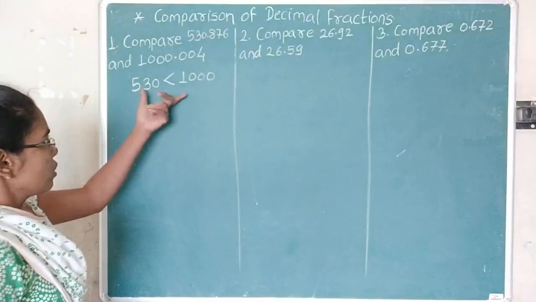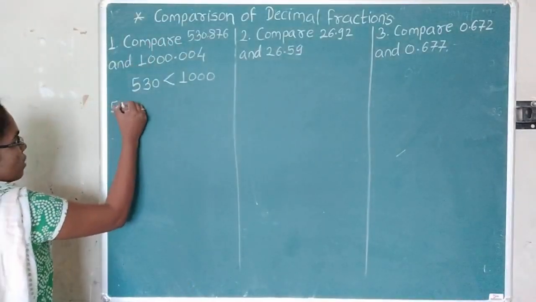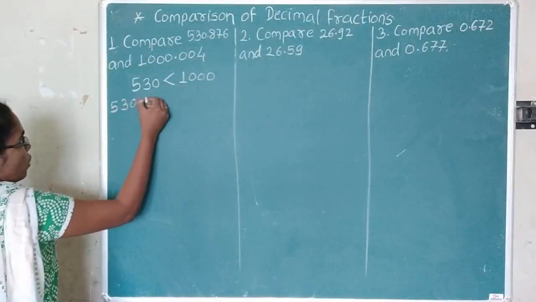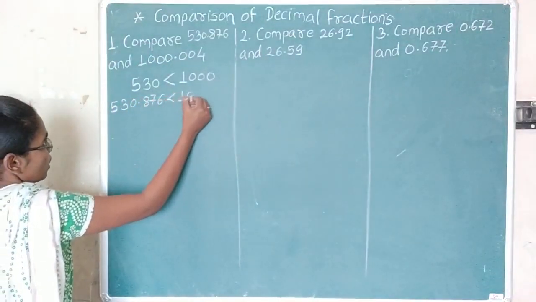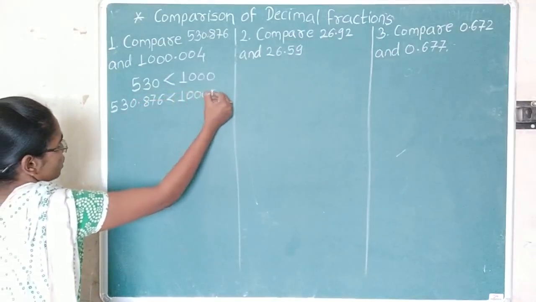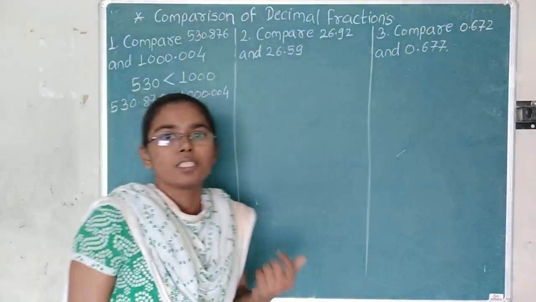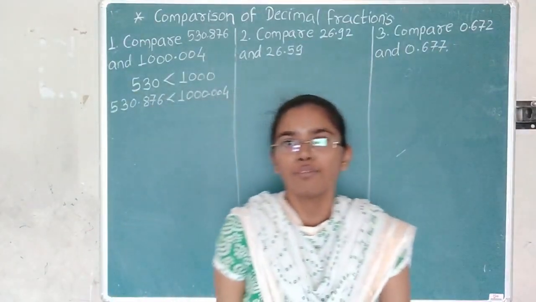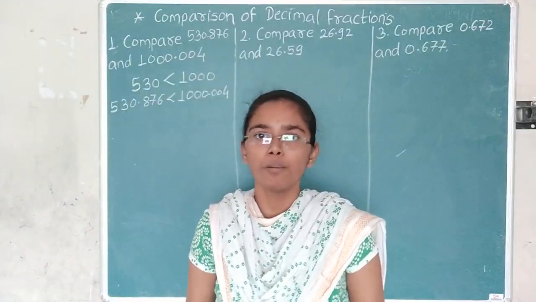So according to this relation, 530.876 is less than 1000.004. In this way we will compare the given decimals if we have different whole parts, or different integral parts.